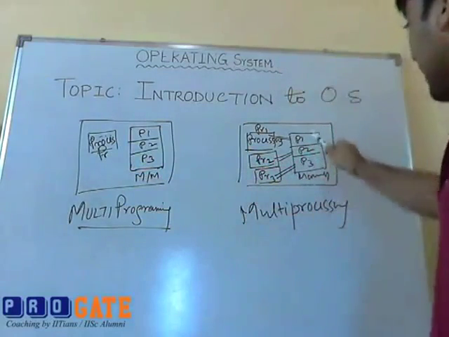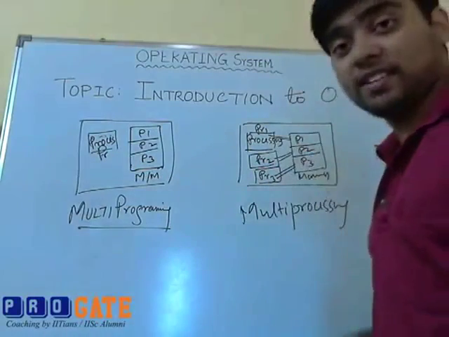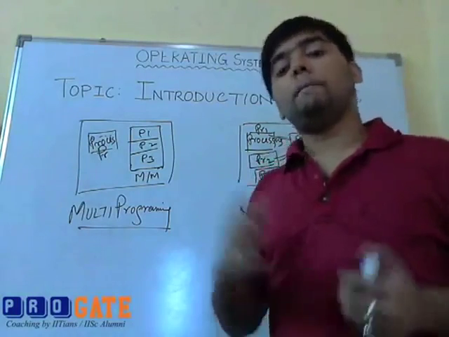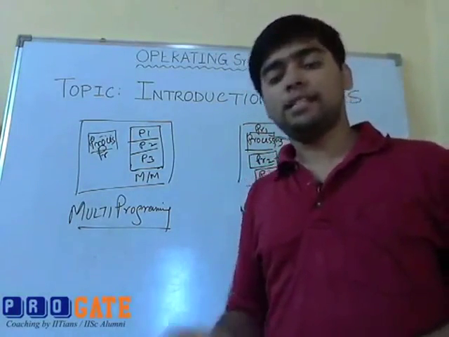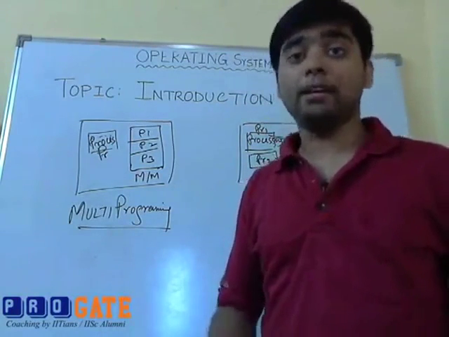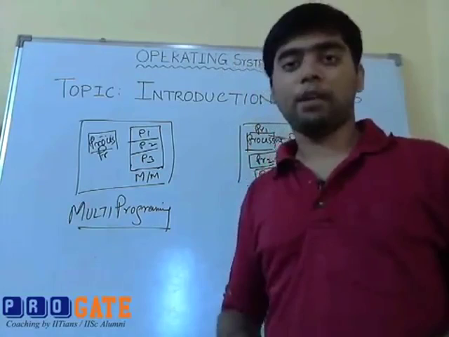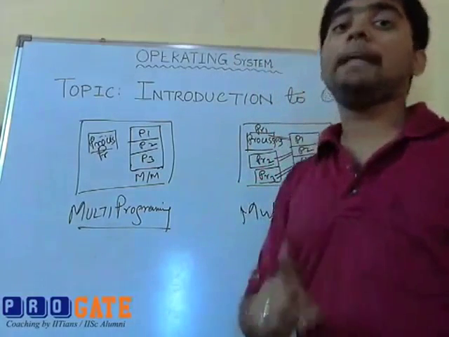But here, there are multiple programs, and also there are multiple processors. So this is the main difference between multi-programming and multi-processing. A system that is multi-programming can be multi-processing or can be single processing. But a multi-processing system would always be multi-programming.